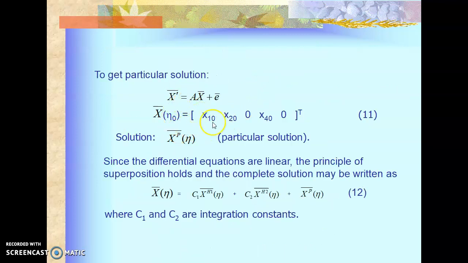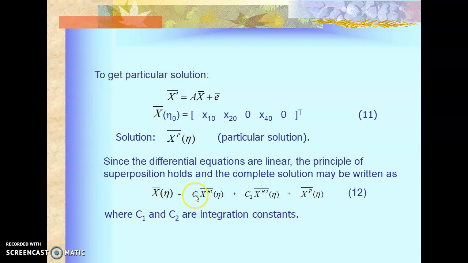If you solve the system together with the initial conditions, it gives a solution which is called a particular solution. So we now have a particular solution, and hence we can write the general solution like this, because these two are homogeneous and this is a particular solution. So this is a general solution of the given system.